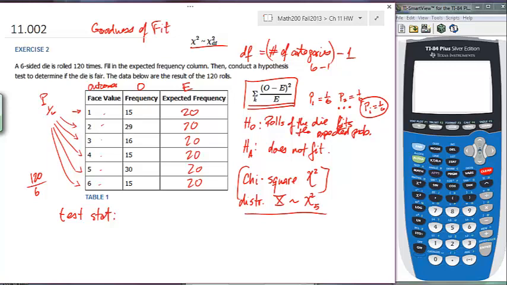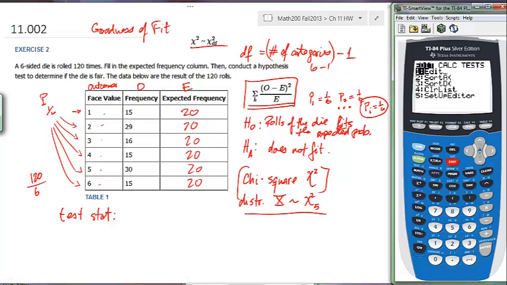The first step is to get these observed and expected frequency values on a list. So I'm going to go to Stat and Edit, so just press enter and make sure that your values are inputted correctly in your L1 and L2.